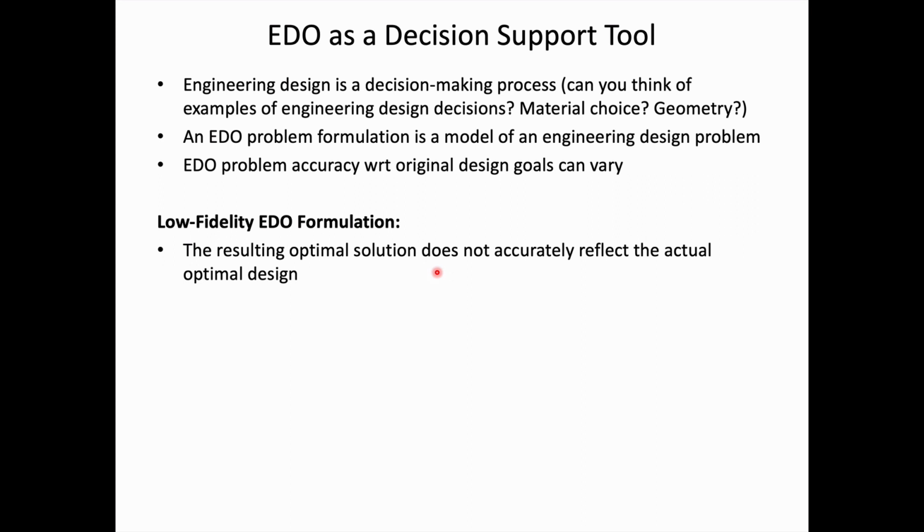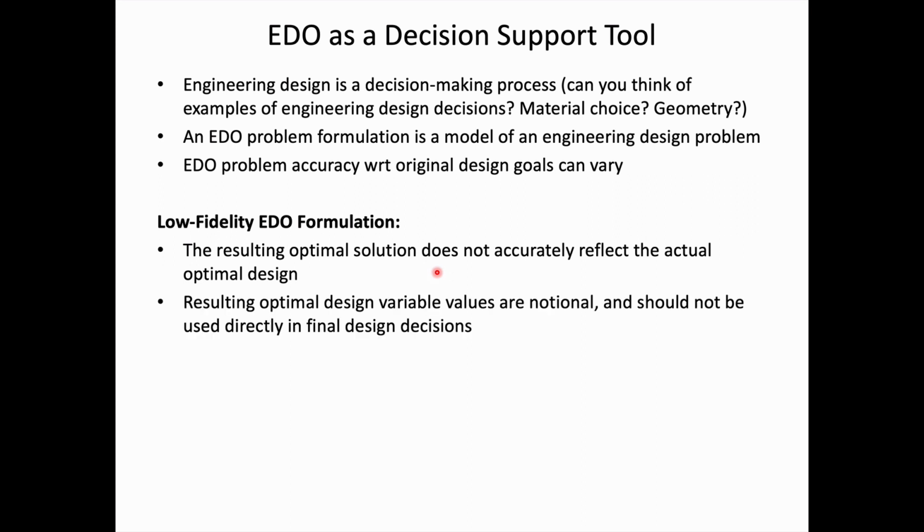It's not even going to work. And so we may not actually be able to use the values in the design vector directly in the final design decisions. These resulting values really are just notional, and they shouldn't be used directly.